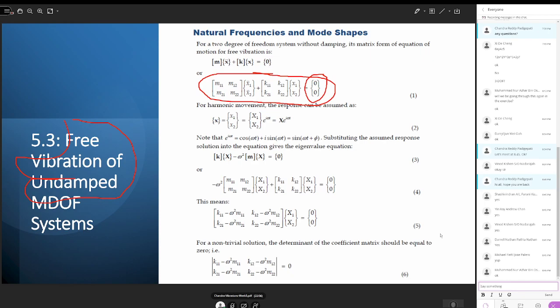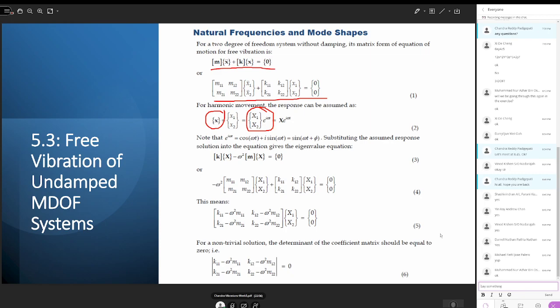For a mass and spring system, we can write the equation of motion in matrix format. So we can write like this, and the same thing once you expand, we can also write like this. Now, for the response of the 2-degree multi-freedom system, we take the response in the format of a matrix, x1, x2, exponential power i omega t.